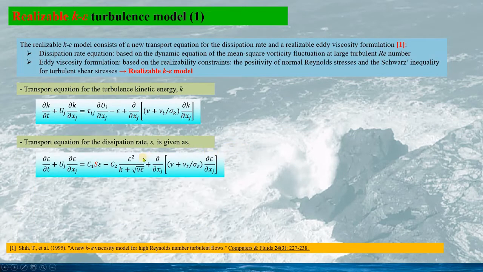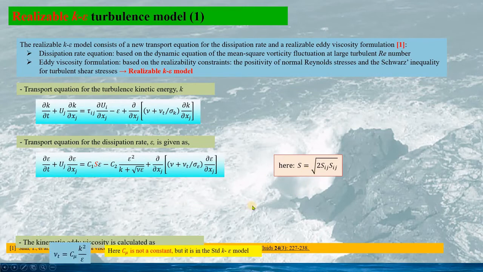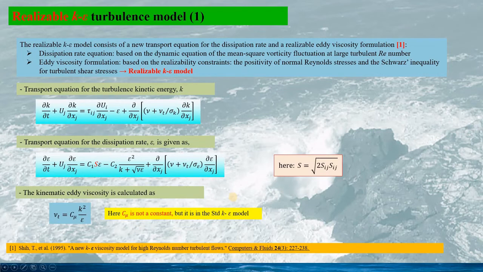And the transport equation for the dissipation rate epsilon is given as this. Here, the equation is based on the mean square vorticity fluctuation at large turbulent Reynolds number. And the kinematic eddy viscosity is calculated using the same formula as that in the standard K-epsilon model, but the coefficient C mu is not a constant.